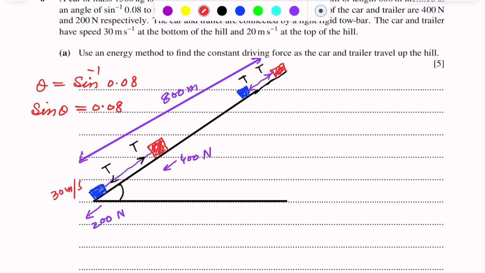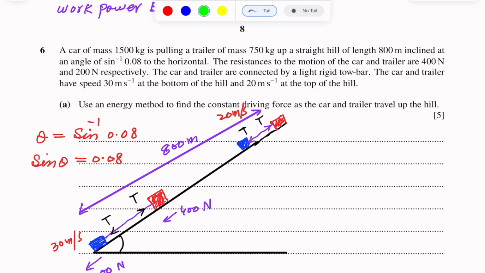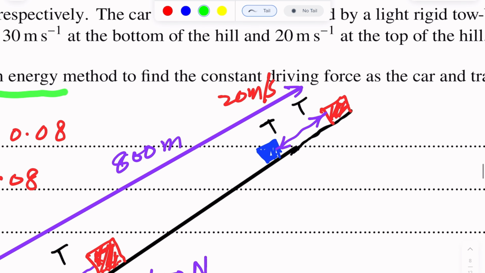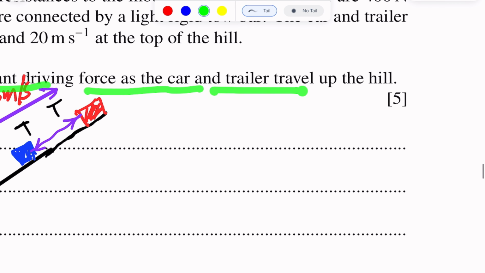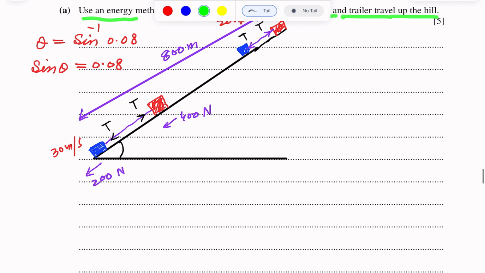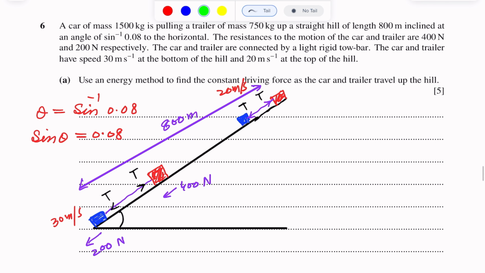Speed at the top is 20 meter per second. Now we have to find: use an energy method to find the constant driving force as the car and the trailer travel up the hill. We have to find the constant driving force as the car and trailer travel up the hill.